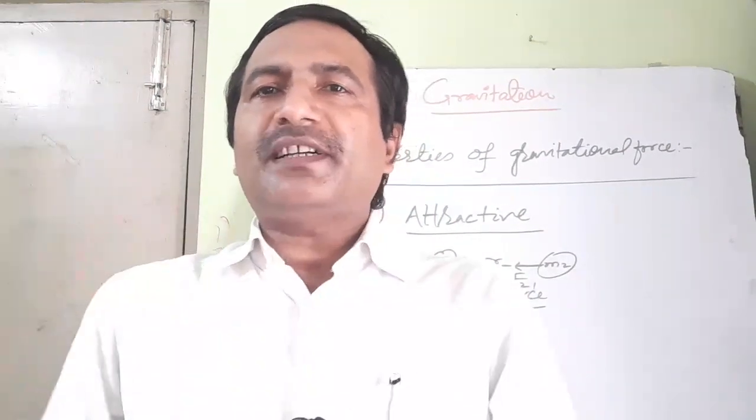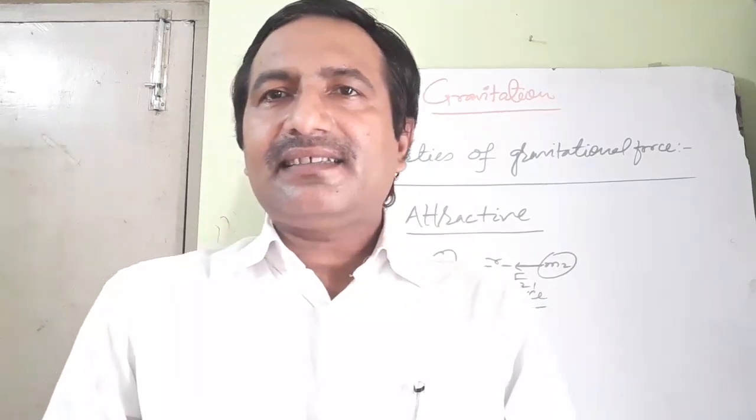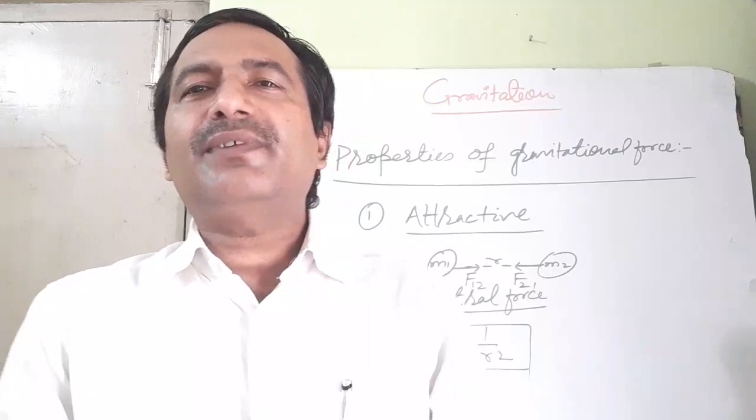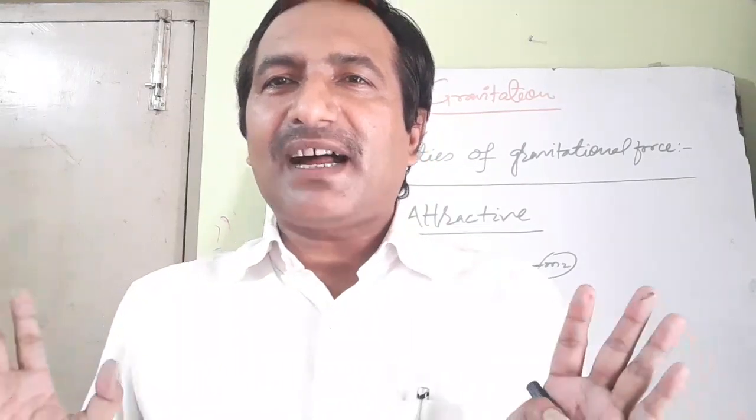And one more property is there, that gravitational force is a universal force. It remains universally constant. It will not change anywhere, wherever you go. Having two bodies of fixed masses placed at a certain distance apart, the value of gravitational force will remain the same.